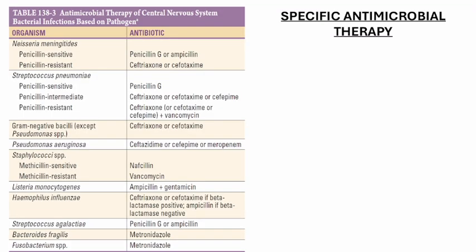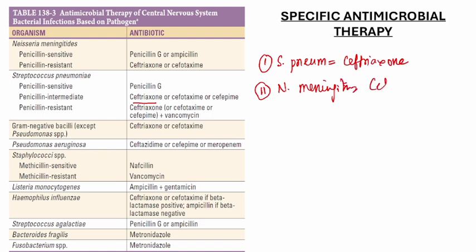Now, how do you give specific antimicrobial therapy? You have to remember a few names for that. First is Streptococcus pneumoniae. What is active against Streptococcus pneumoniae? It is ceftriaxone. What is active against Neisseria meningitidis?